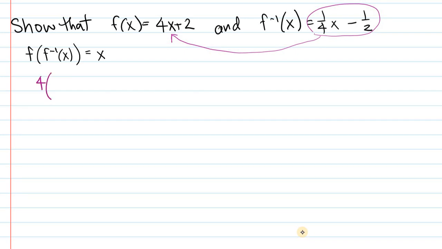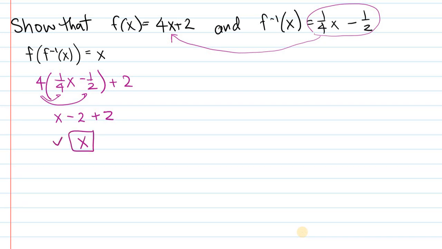So we would have 4 times 1/4 x minus 1/2, plus 2. If we distribute the 4, we get x minus 2 plus 2. Well, x minus 2 plus 2 is just x. Yay. All right. And now we're going to show it the other way.